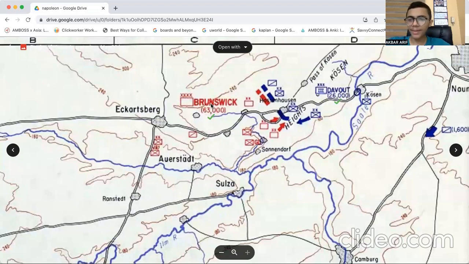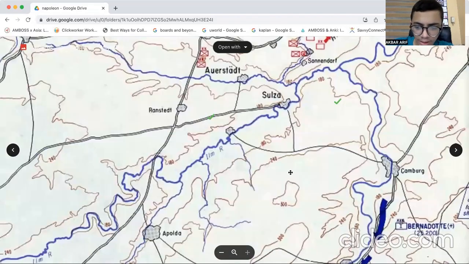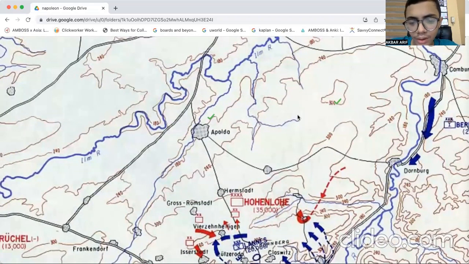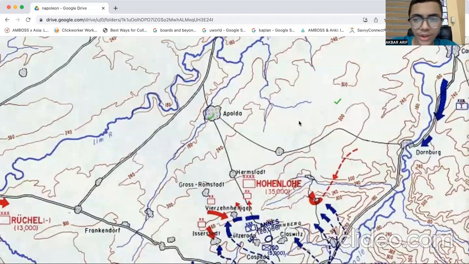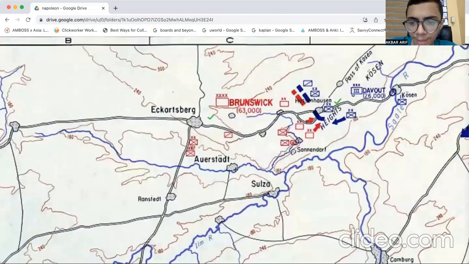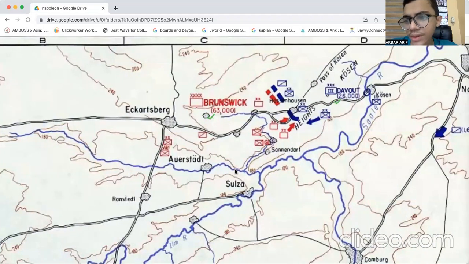So in the Battle of Jena, Napoleon, due to a greater amount of numbers, destroys the Prussians, and at Auerstedt, even though outnumbered, Marshal Davout's Third Corps defeats this 63,000 strong Prussian army.